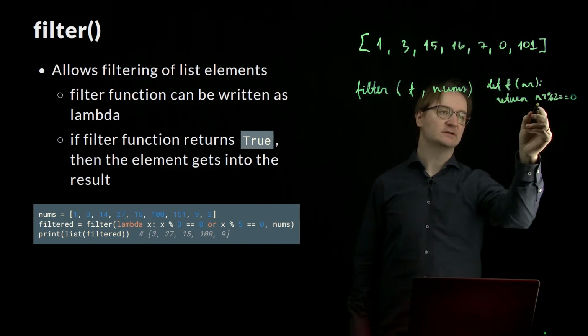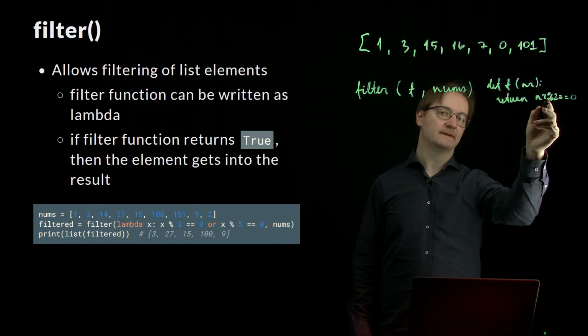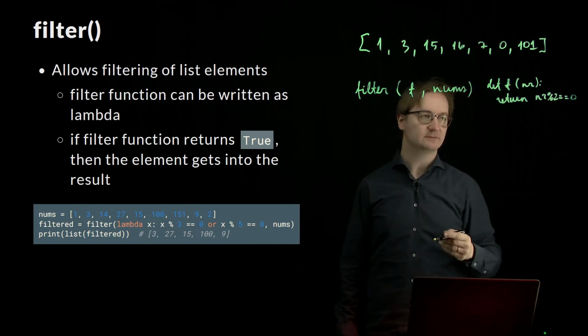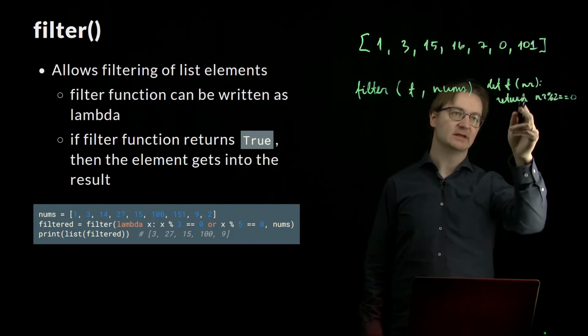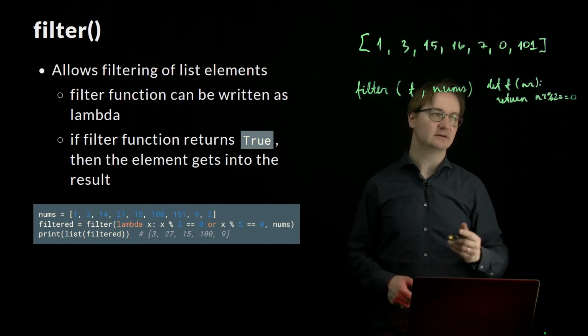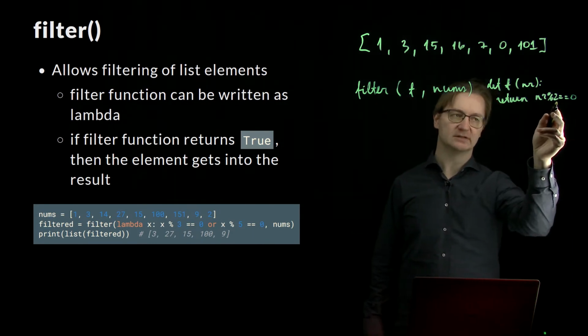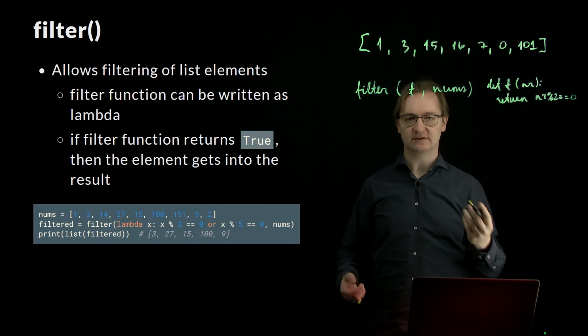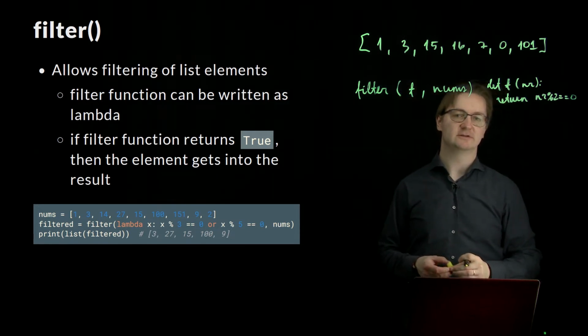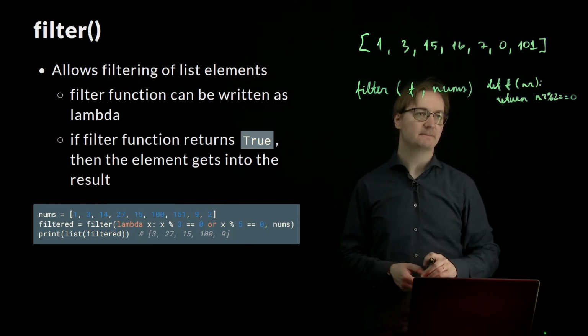What I've written here is that it takes the remainder by dividing by 2. We take a number, divide it by 2, and see what the remainder is. If it's 0, it means that this number is divisible by 2, so it's an even number.